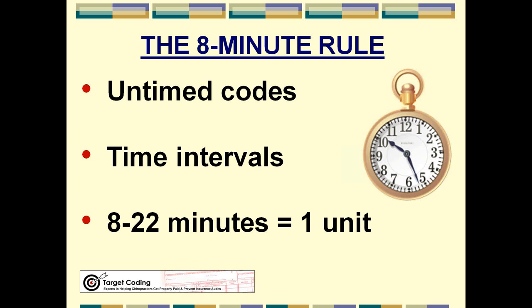So it's not necessarily 15 minutes; it could be as little as 8 all the way up to 22. Years ago, you had to do it for 15 minutes, and if you did it for 14 minutes or less, you had to add a modifier, which I'm going to touch on in a couple of minutes. So there's a range now.